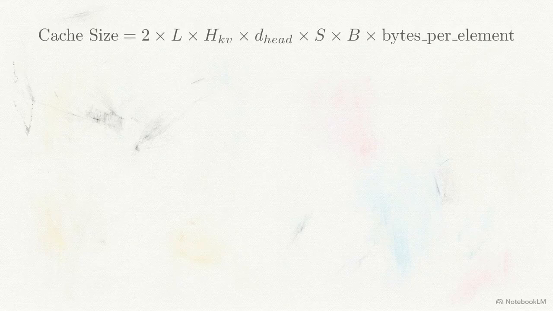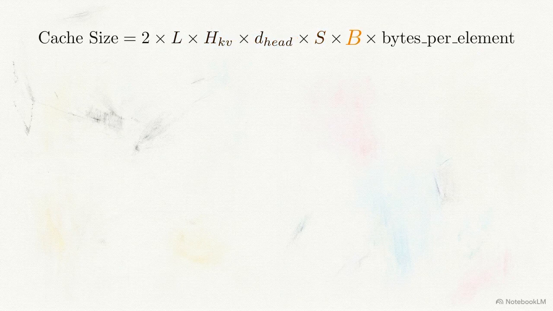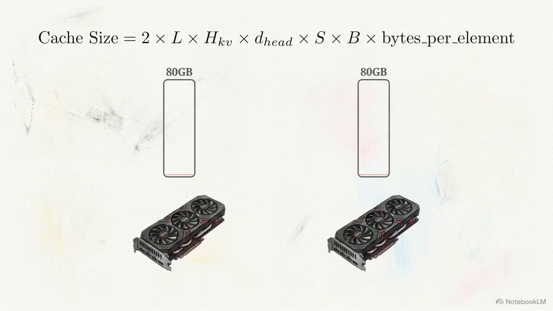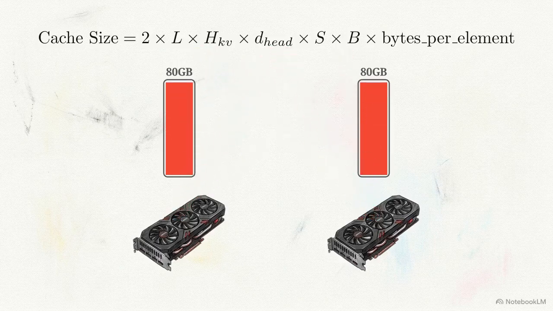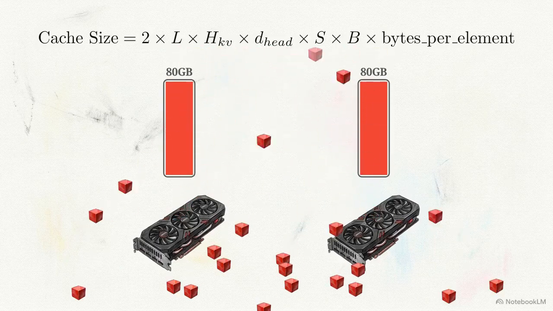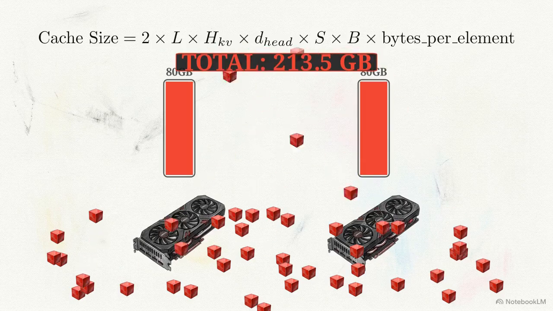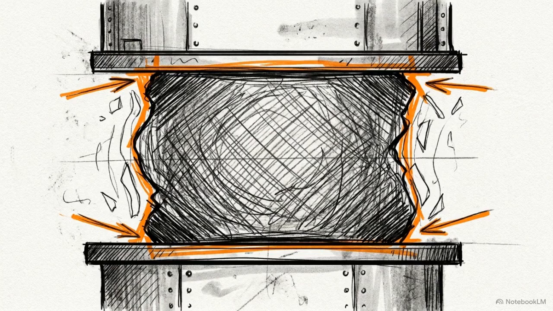This formula calculates the cache's total memory footprint, transforming LLM inference into a severely memory-bound workload. For a 61-layer model at a large context, one user's cache requires over 200 gigabytes of VRAM, exceeding two high-end H100 GPUs. While software like PagedAttention optimizes how this memory is allocated, true scaling requires physically compressing the attention architecture itself.